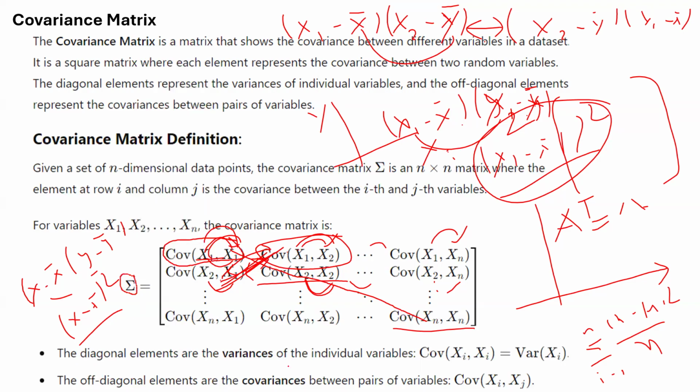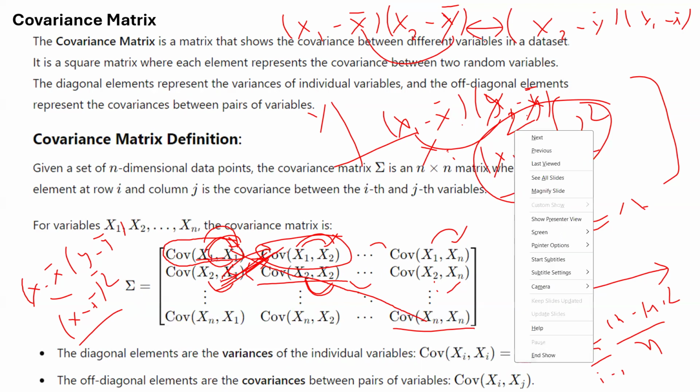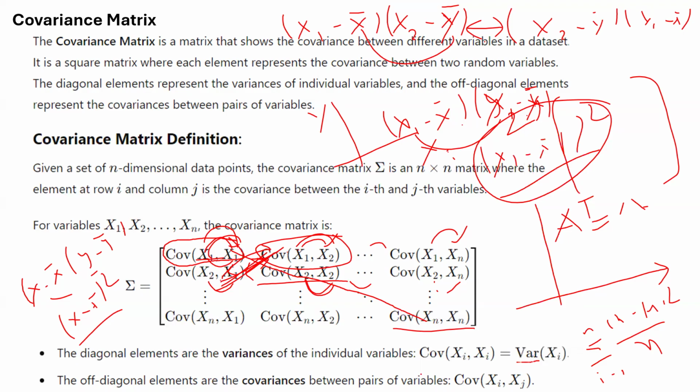The diagonal elements are the variances of the individual variables, like variance along xi. The off-diagonal elements are the covariance between pairs of variables, covariance of xi, xj. You know how to calculate the covariances. So basically, the covariance matrix shows the covariance between different variables in a data set. It is a square matrix and also a positive semi-definite matrix, meaning its eigenvalues will always be non-negative and real.